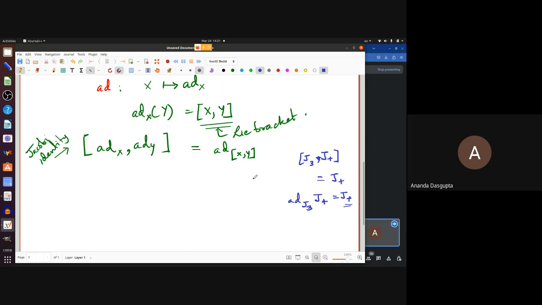But what we often don't keep in mind is that the set of operators themselves form a vector space, right? So these are the operators acting on your Hilbert space in quantum mechanics. ad J3 is an operator which acts on this set of operators. If the set of original operators form a vector space, operators like ad J3, etc., act on that vector space, not the original vector space.